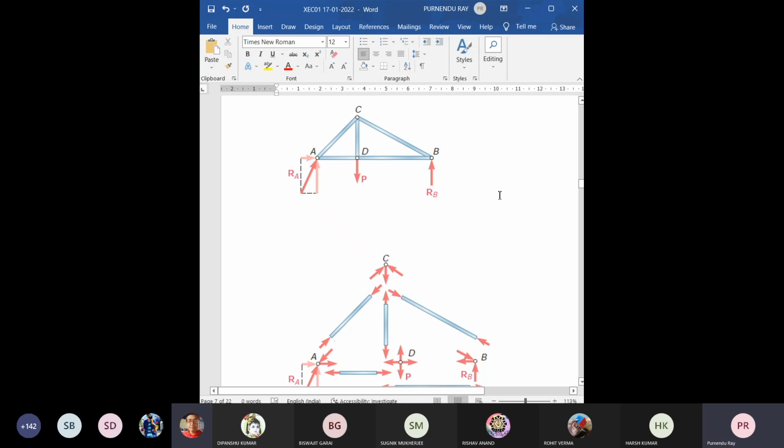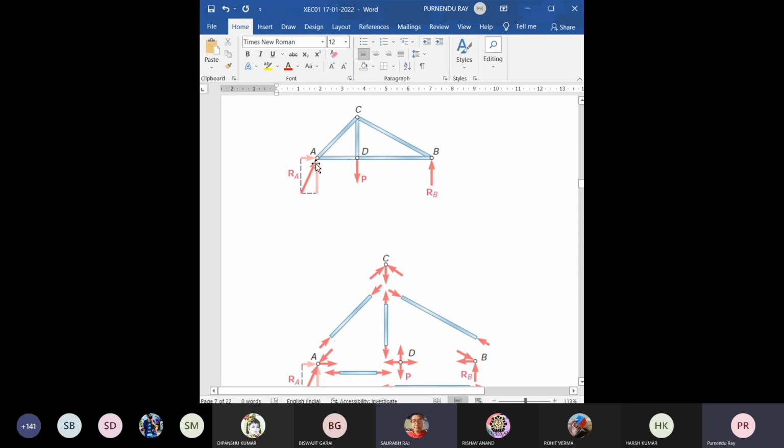You apply the equations from trigonometry, the sine rule, or in that way, for simple situations. Or it may be purely analytical. That means you draw the free body diagram, write down the equations of equilibrium, and that's all. Out of these 3, whatever you prefer, purely graphical, purely analytical, or something hybrid, you can do. There is no restriction.